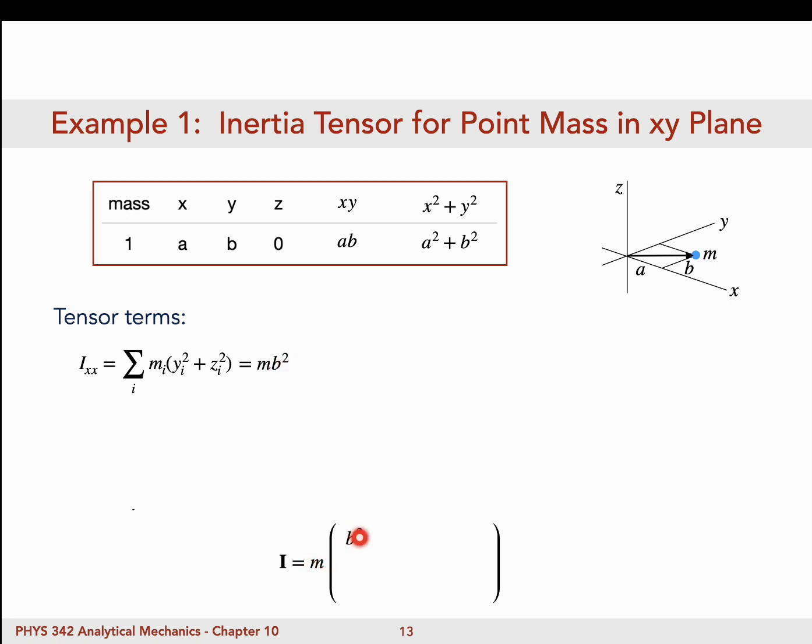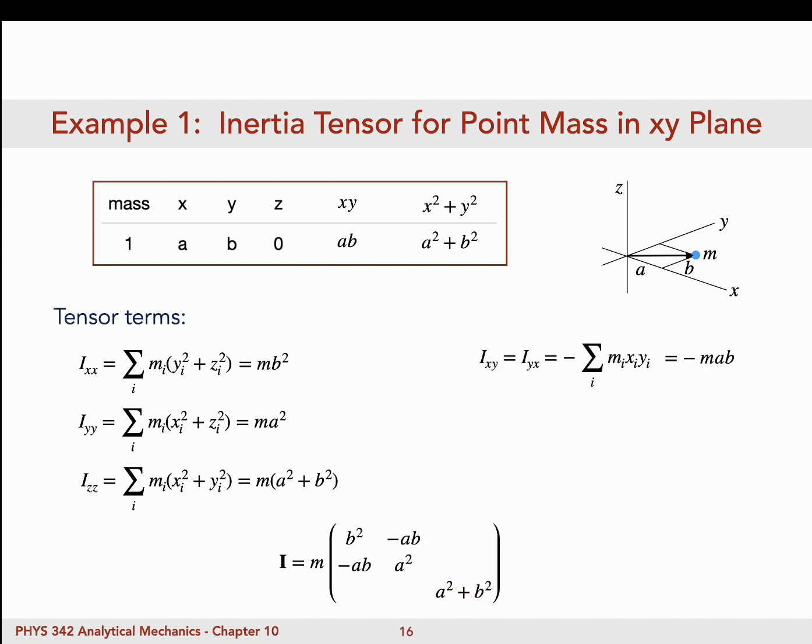So that top left element of our matrix is just b squared. Iyy is x squared plus z squared. Again, z squared is 0, and x squared is just a squared, so you get a squared in that second diagonal term. And Izz is a squared plus b squared, so you get a squared plus b squared in the lower right element of our matrix.